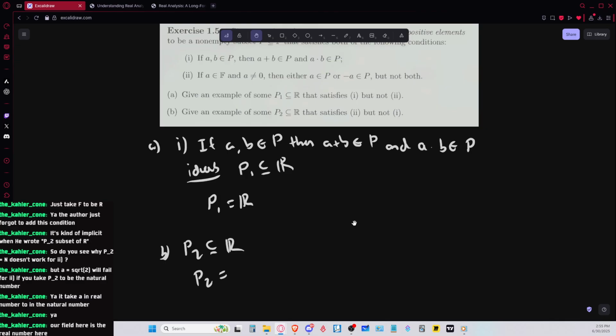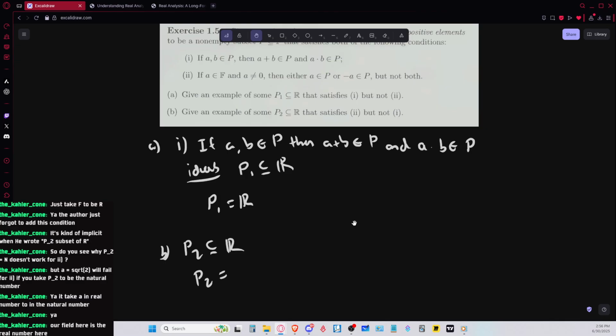And because it says P, it doesn't say F. So when I think of it, P2, if it was equal to the natural numbers, it's a subset of R, which is aka F. But it has to be an element of the subset, which is P2. And P2 is supposed to be the natural numbers.